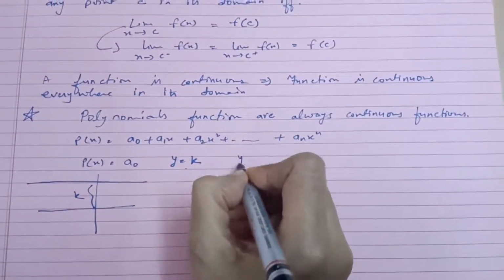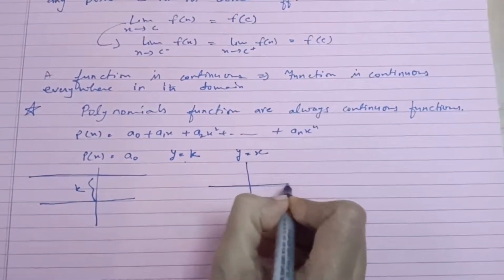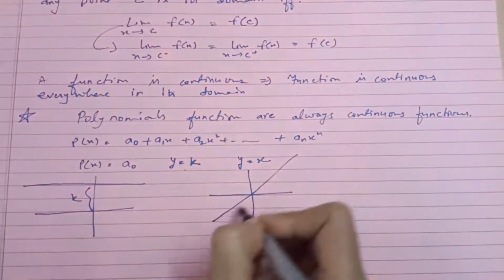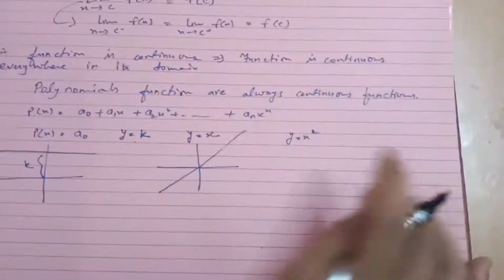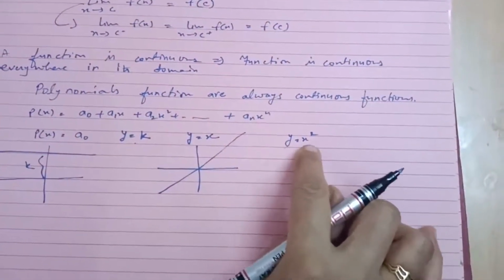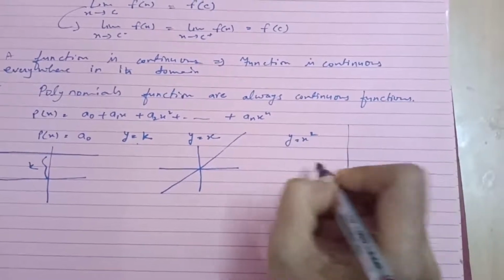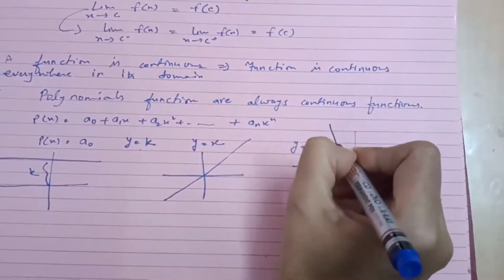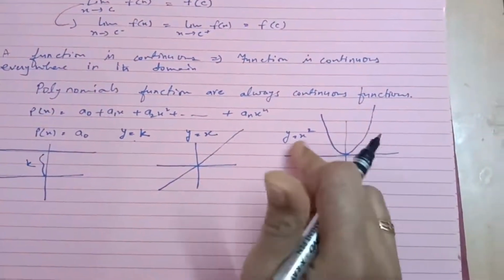Similarly, a linear function, suppose the identity function I am saying, if I draw this one, it will give you a continuous function. Similarly, I can say y equal x squared, it's a quadratic polynomial. Okay, and you know which parabola it is, your upward parabola. And if you are going without lifting your pen, this common criteria I am saying, through the graph, this is also always a continuous function.